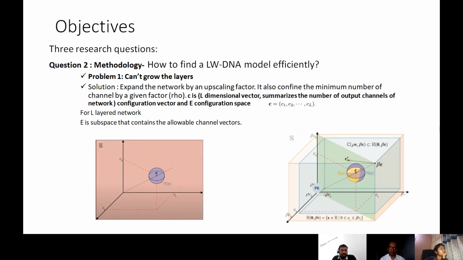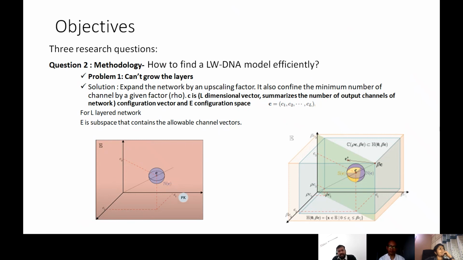So to solve this problem of not being able to grow the number of layers, they propose a vector called C, which is a configuration vector. Here we can see this is C, the configuration vector in the configuration space. E here denotes the configuration space, and it is an L-dimensional vector. L-dimensional simply means this network has L layers, and each element corresponds to one layer.